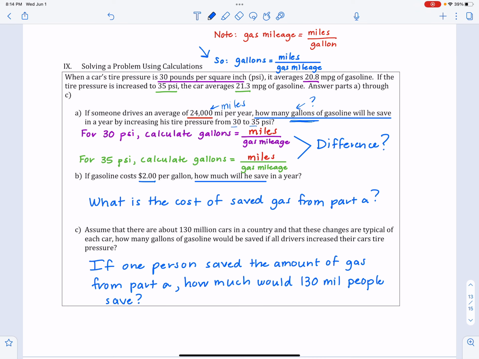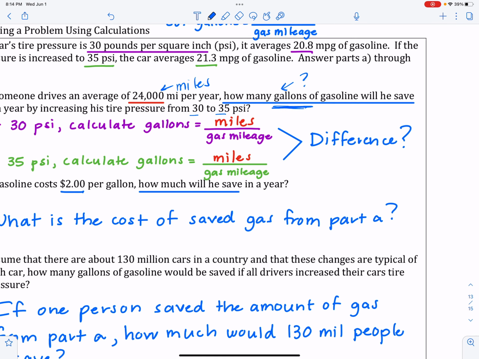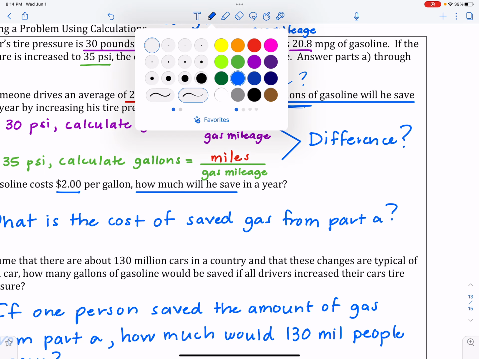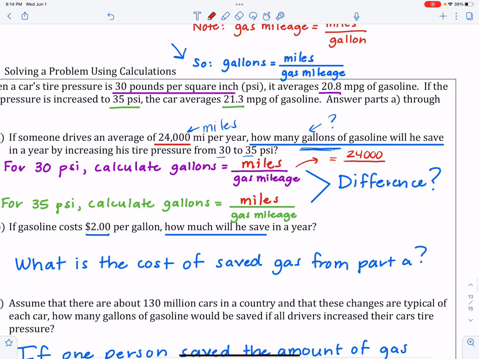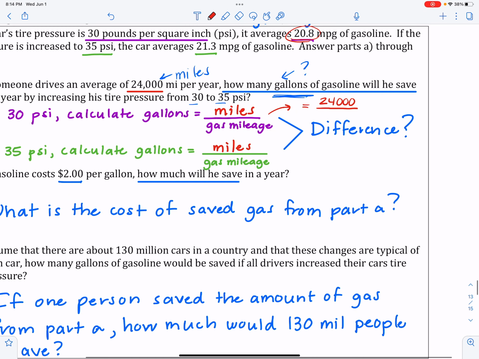So for 30 PSI, I calculated the gallons by taking the number of miles divided by the gas mileage. So let me plug that in here. The number of miles is 24,000. That's the number of miles driven. And if I divide that by the gas mileage, for 30 pounds per square inch, the gas mileage is 20.8 miles per gallon.